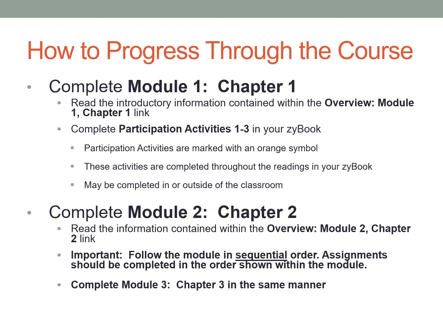These activities are completed throughout the readings in the XyBook and are marked with an orange symbol. Then complete Module 2, Chapter 2, and Module 3, Chapter 3 in the same manner. Note: make sure to follow each module in sequential order. Assignments should be completed in the order shown within the module.